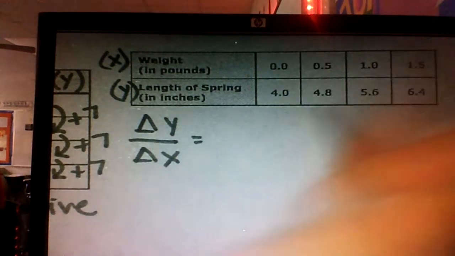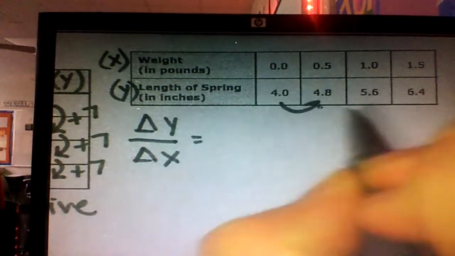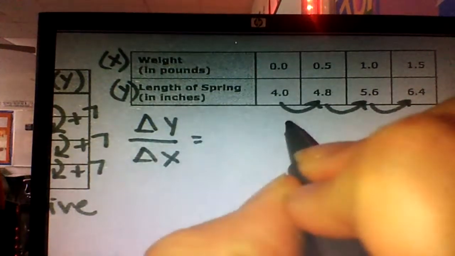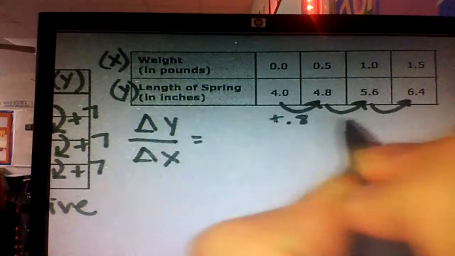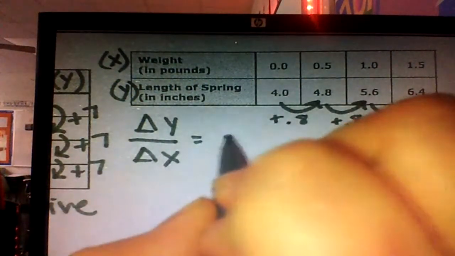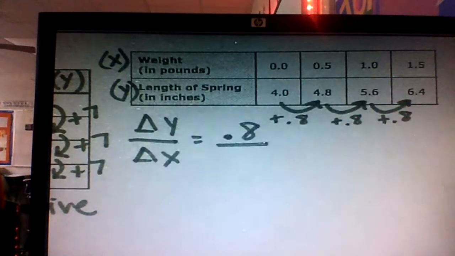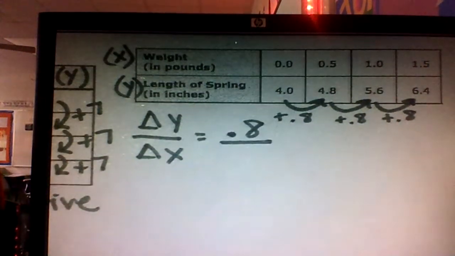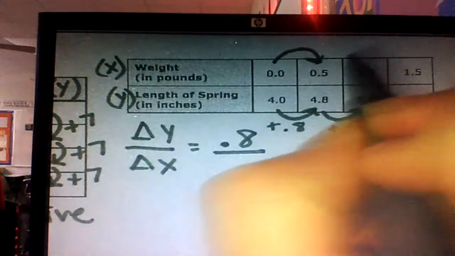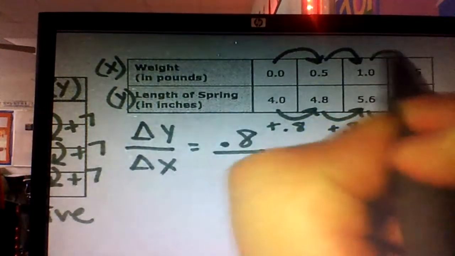What is my change in my y? 0.8. So 0.8 divided by, what's my change in my x? 0.5.